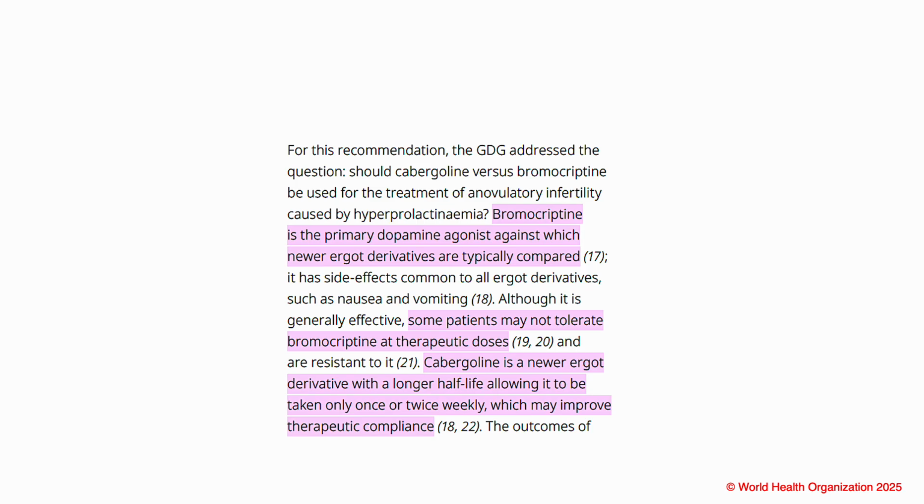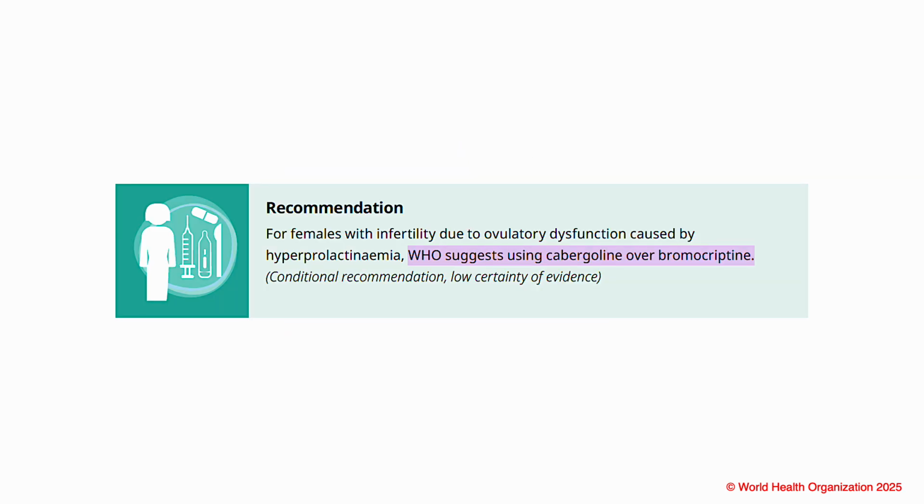We all know we have to give it only twice a week, and sometimes even once a week is sufficient. Because of the long half-life, it is taken only once or twice weekly. So that leads to fewer side effects and thus better therapeutic compliance. So the recommendation is in favor of cabergoline.